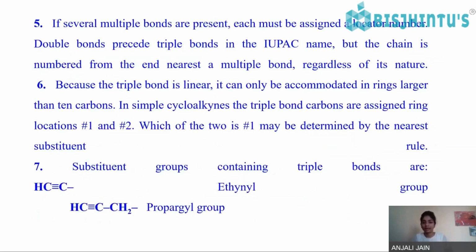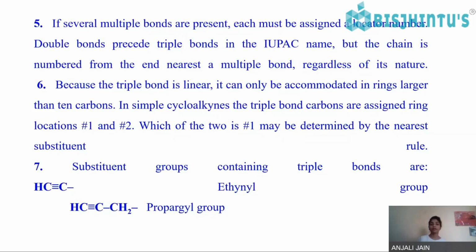A double bond precedes a triple bond in the IUPAC name. The double bond should come before the triple bond, but the chain is numbered from the end nearest to a multiple bond regardless of its nature, whether double bond or triple bond.